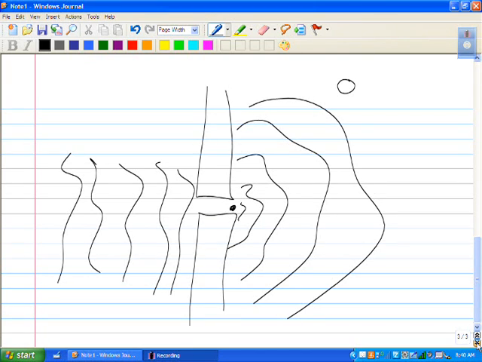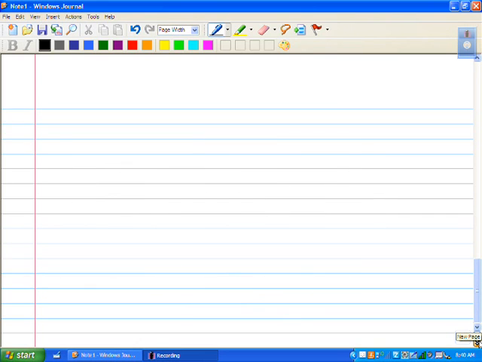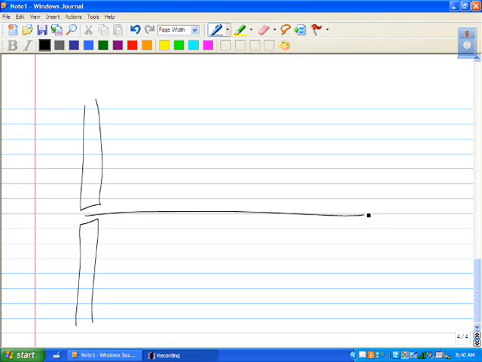All right. Now, I'm going to send a light wave through this tiny opening. Now, if I do that, then some light will go straight.